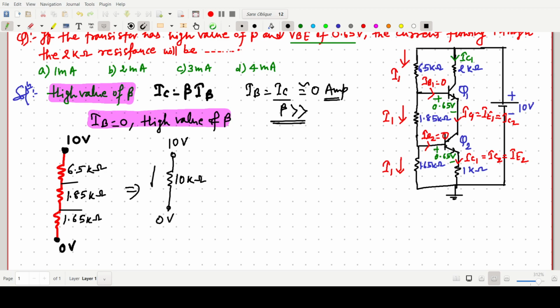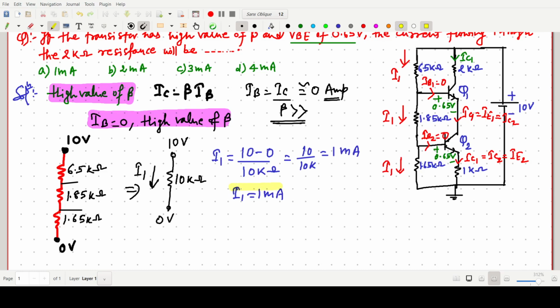So we can easily write I1 equals higher potential minus lower potential by 10 kilo, so 10 by 10 kilo, which is 1 milliampere. So we can write I1 as 1 milliampere. Is it okay?